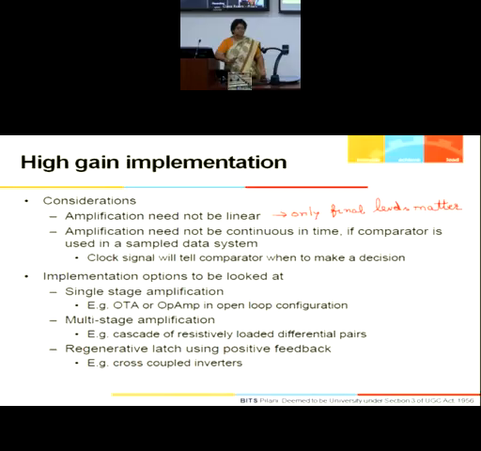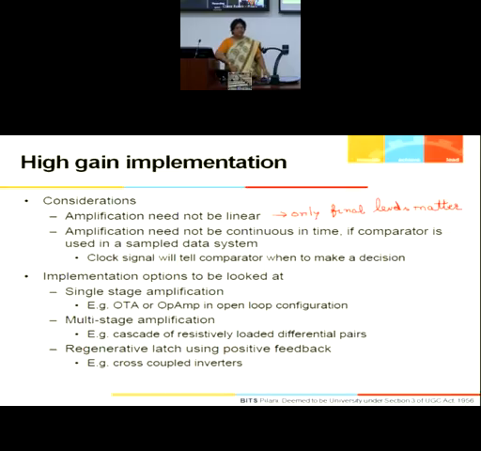Don't assume that only analog is possible. So you can work with both analog implementation as well as digital, or with a mix of the two, a hybrid structure. So a comparator can be a hybrid structure, can be fully analog, can be fully digital. It can be single stage, it can be multi-stage also.